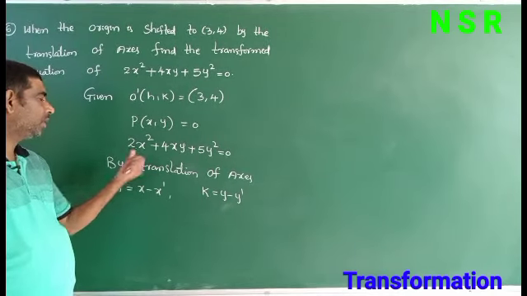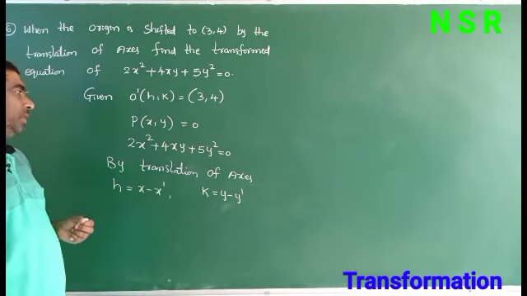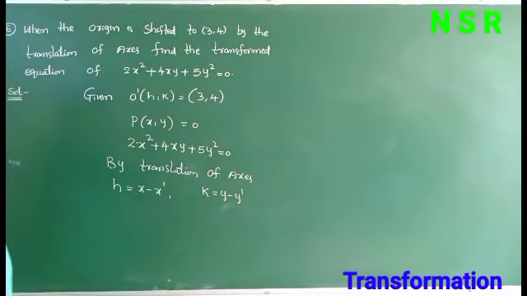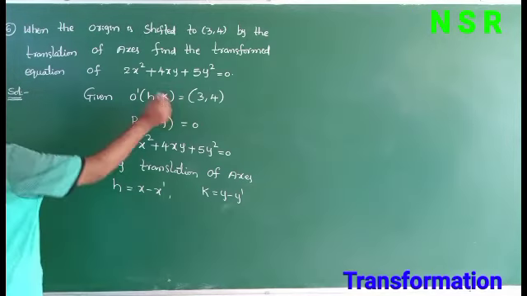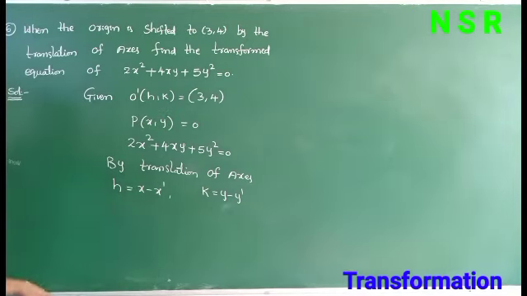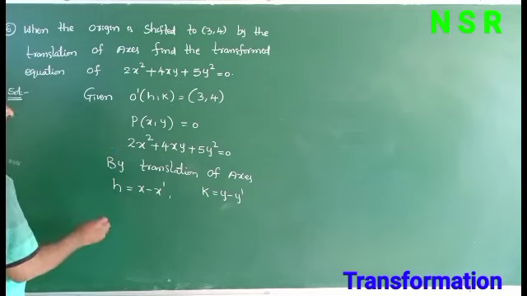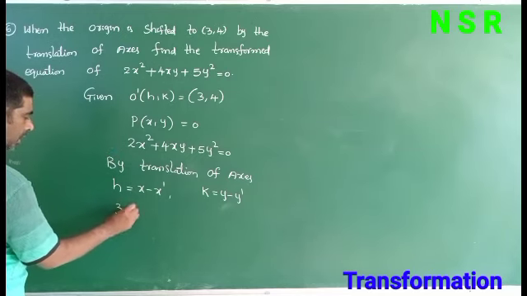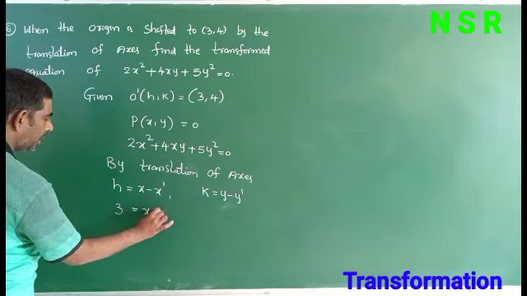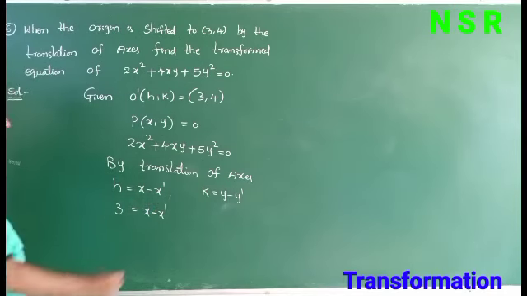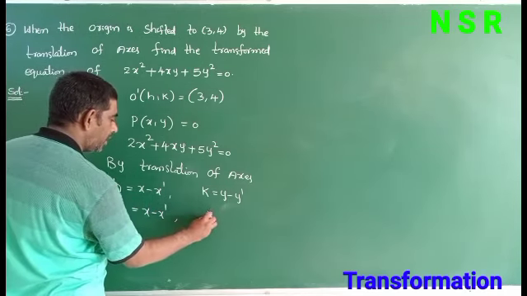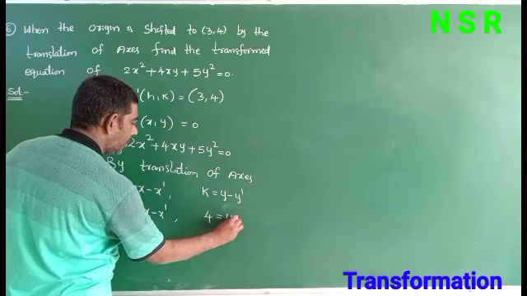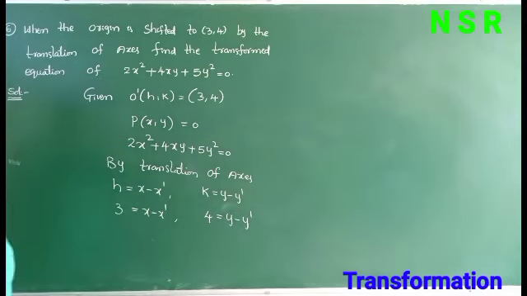Why? Because our given equation is in terms of x y. So, that is why we use this formula and origin shifted point to find x value, y value. So, already we have h value, that is 3 equal to x minus x dash. Next k value 4 equal to y minus y dash. So, we have to find x, y values.